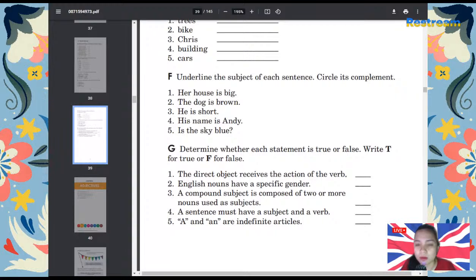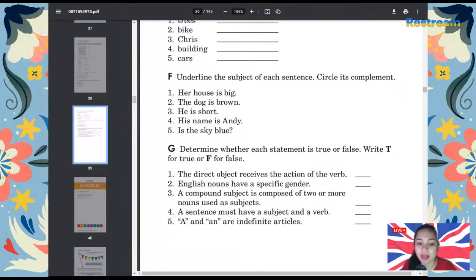Let's see if we can remember the rules about the topic direct object. Is the direct object receiving the action of the verb? You don't know. That is okay. Alright. So it is actually true.